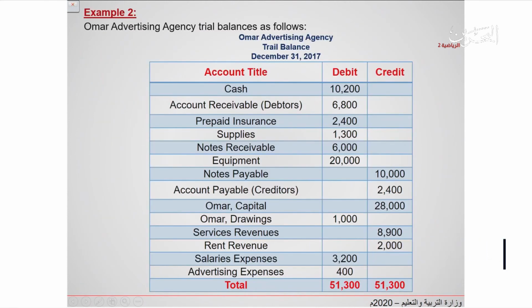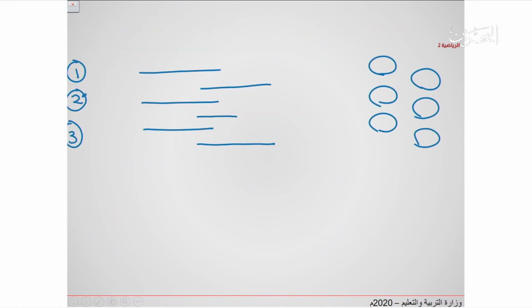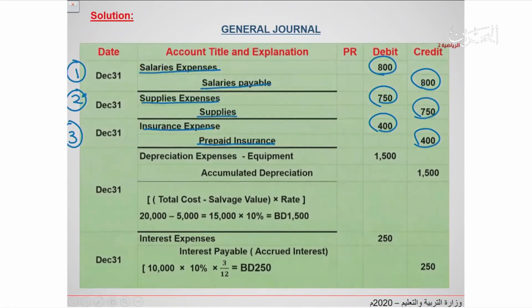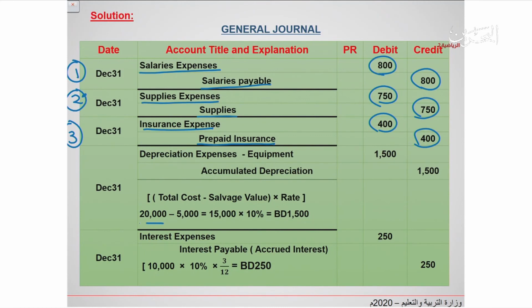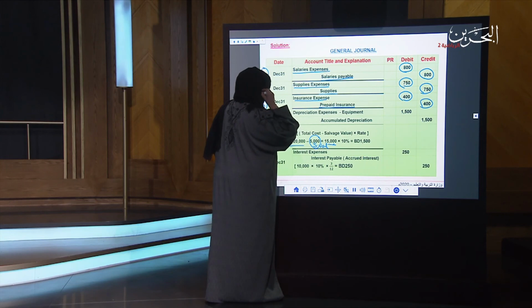I will go back to the question to take the original cost for the equipment. It is mentioned here, 20,000. See, this is 20,000, the cost, minus 5,000, the salvage value, we get 15,000.